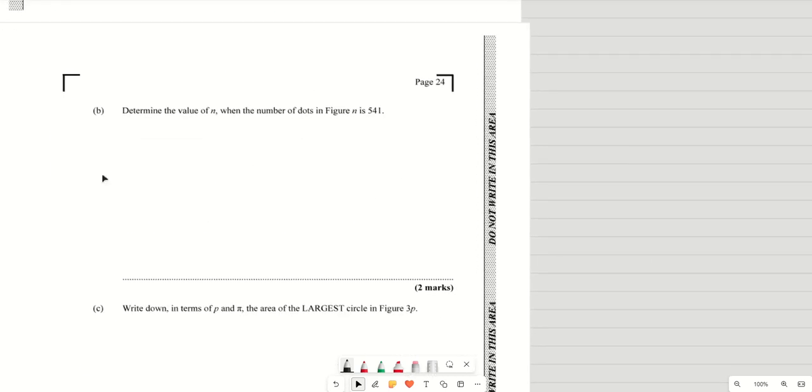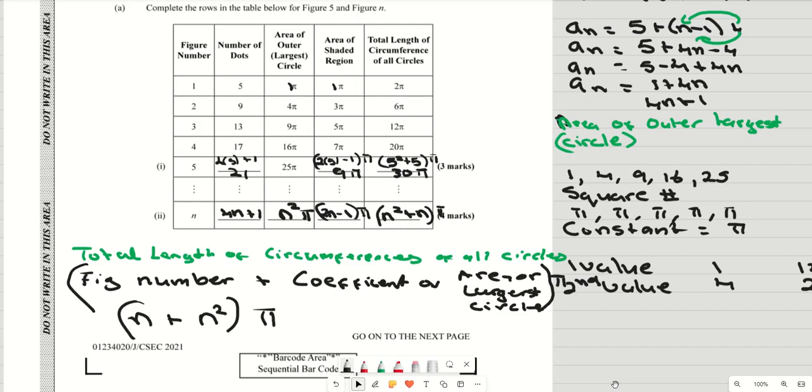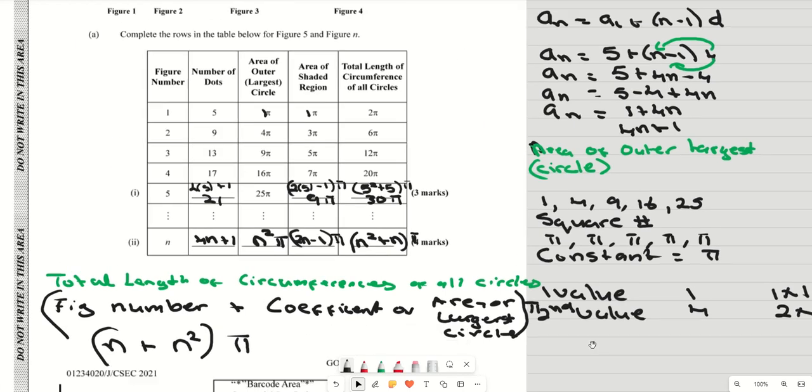Let's do part B now. Determine the value of n when the number of dots in figure n is 541. So we're looking for the formula for number of dots. That's 4n plus 1. So they want to know what is n when 4n plus 1 is equal to 541. 4n, you carry across plus 1, would be 541 minus 1.